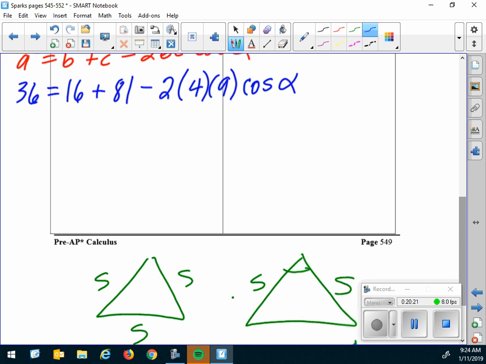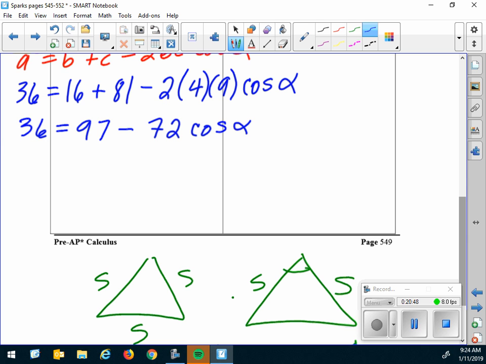Are you all right so far? All right, let's keep going. 36 equals, I believe that's 97 minus 72 cosine alpha. Please do not go past this. I'm going to make a mistake that some of you are going to make.